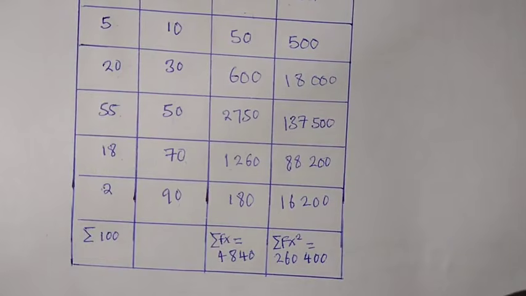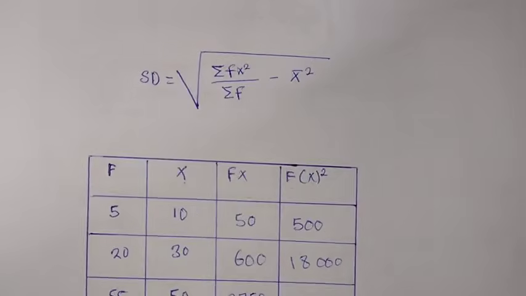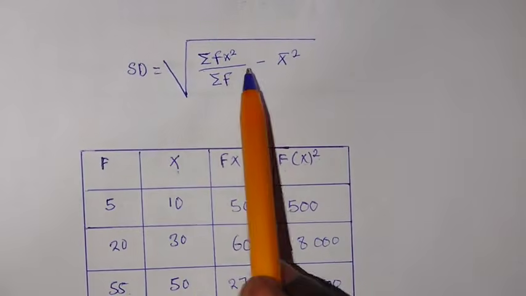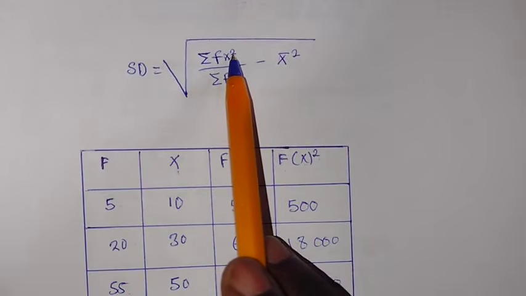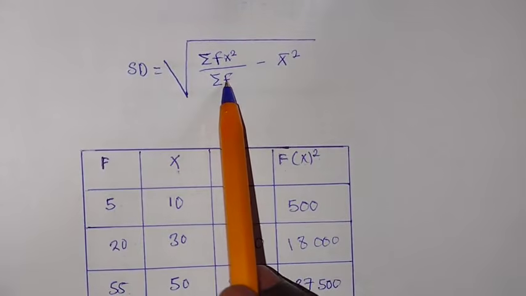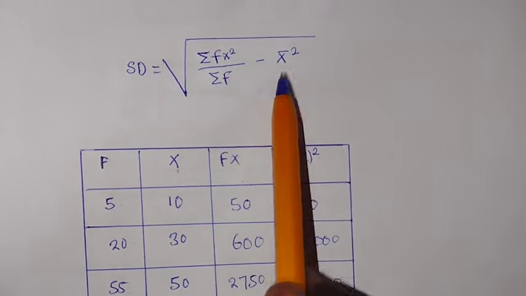Then we get back to our formula. In our formula for standard deviation, we have found the fx squared. We also have the summation of f. Let's find the mean.